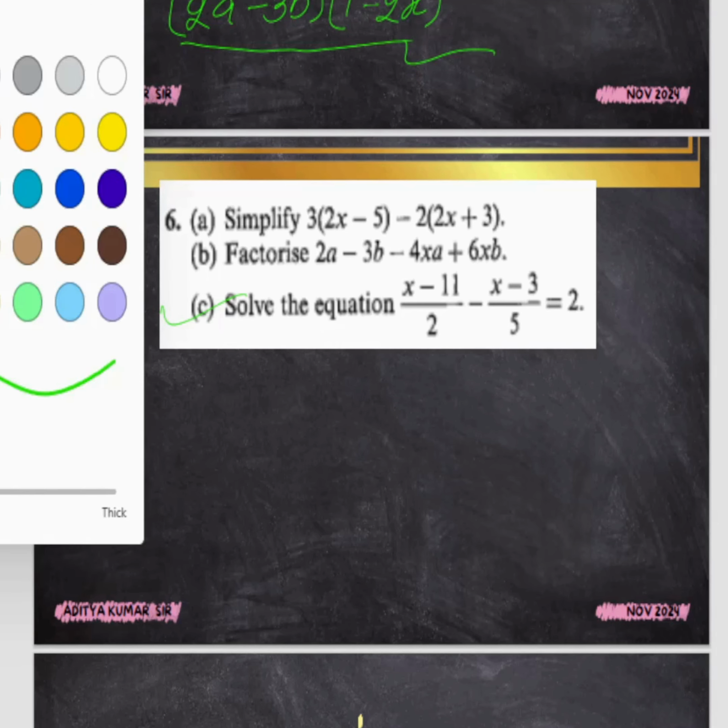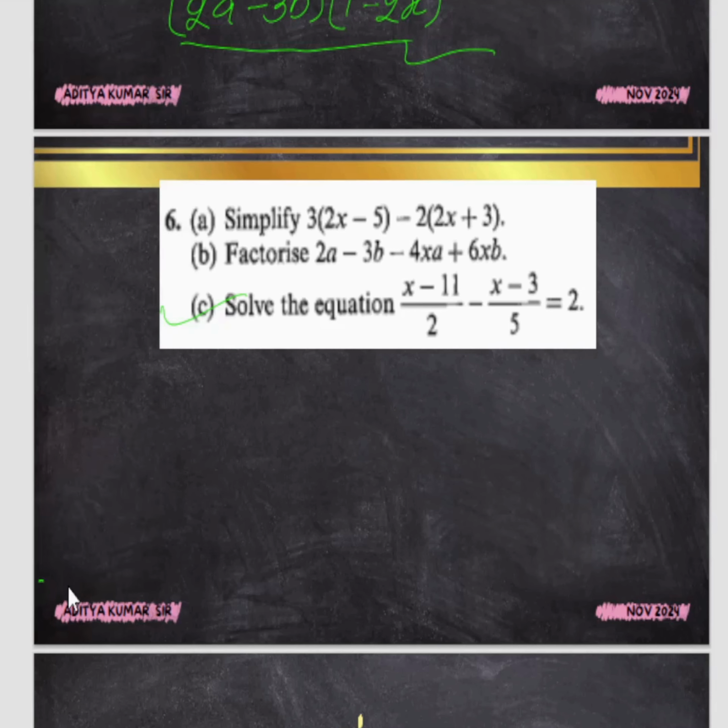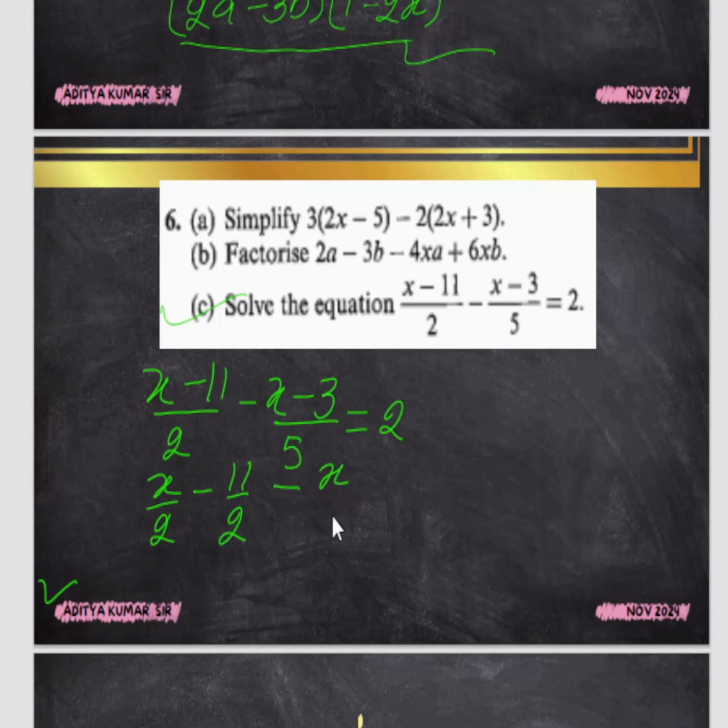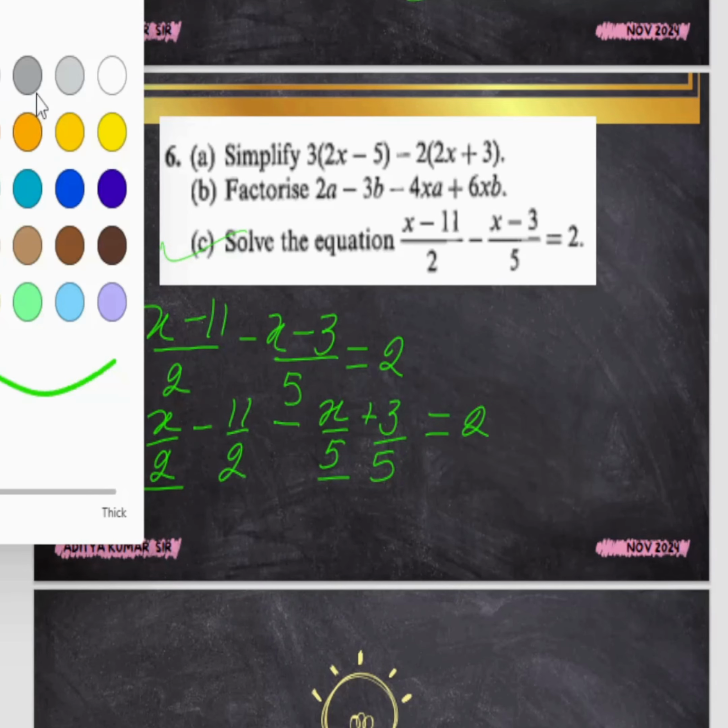We have to take the LCM. So either we can split it as x by 2 minus 11 upon 2, then minus x by 5, and this minus will be changed here, so it will become plus 3 by 5 equal to 2.